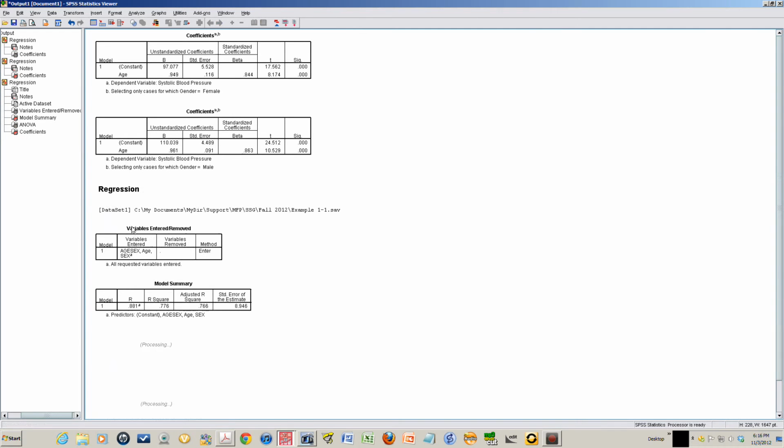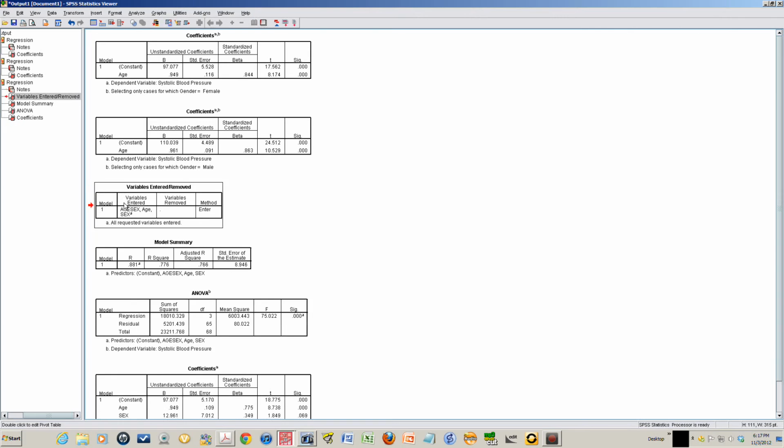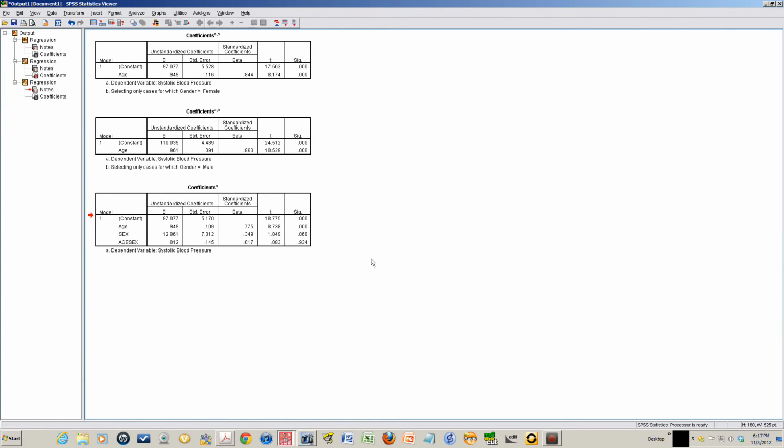Again, I'm going to delete these and only concentrate on the coefficient table. In that coefficient table, you see we have the age, sex, and then interaction between the two. And as you see here, age is significant, and gender is not, almost significant but not. If it's 0.05 or less it would be significant, and the interaction is not significant at all.